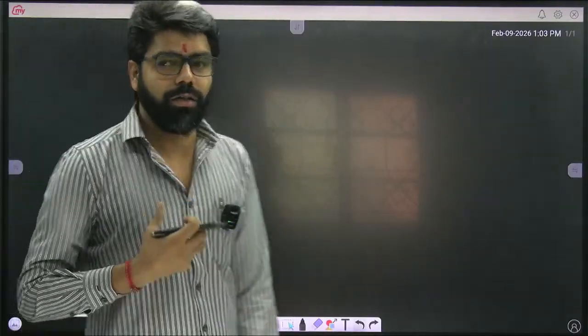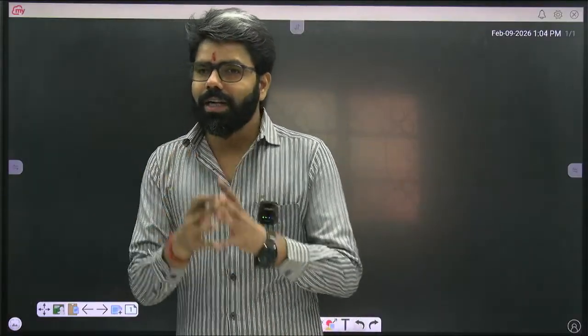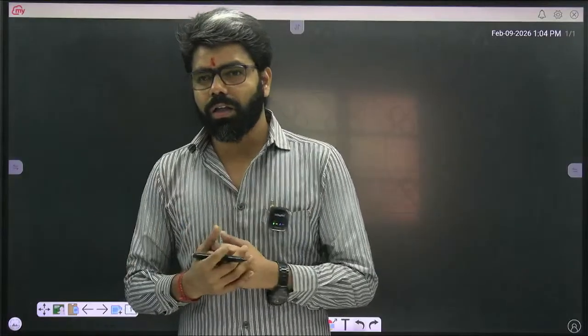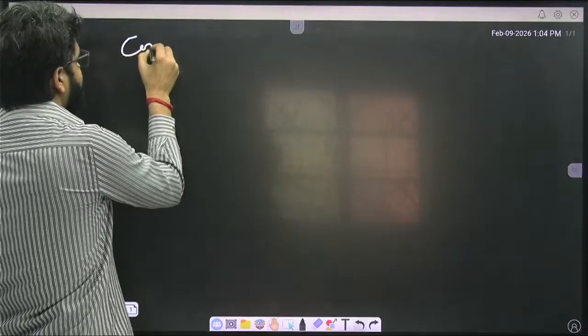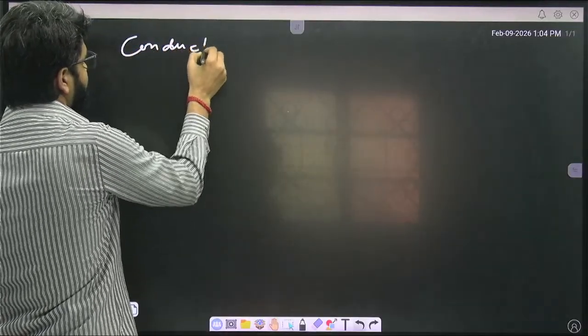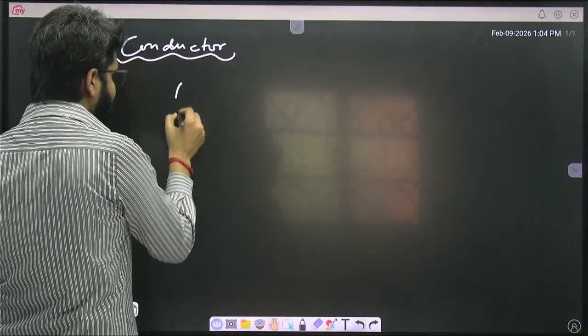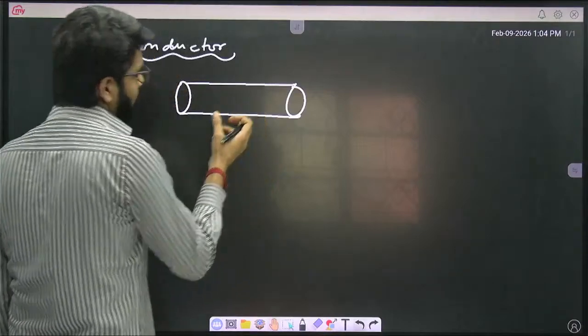What is a conductor? So basically, in electrostatics, we study about the materials which have the capacity or a tendency to transfer charge from one point to another. So what do you mean by a conductor? Suppose we take a very simple material like the cylindrical section of any copper wire or any metal wire.